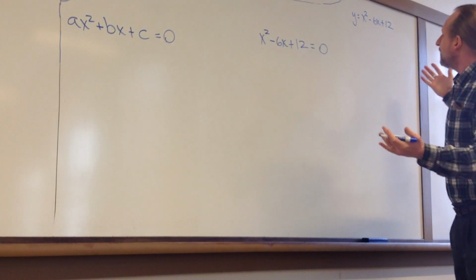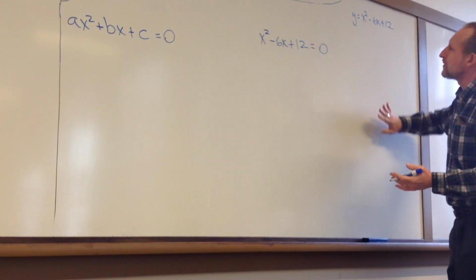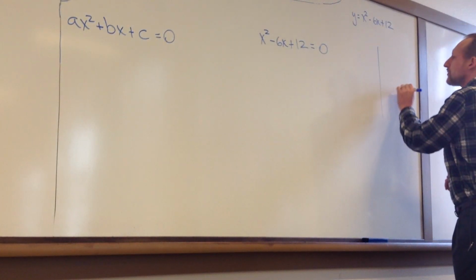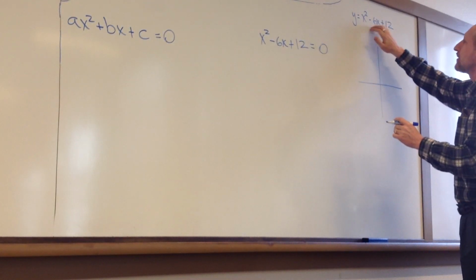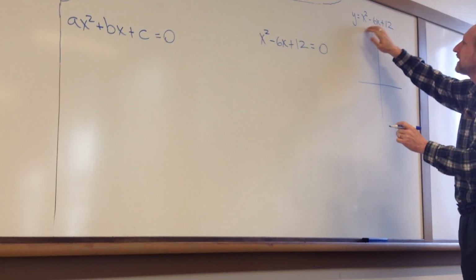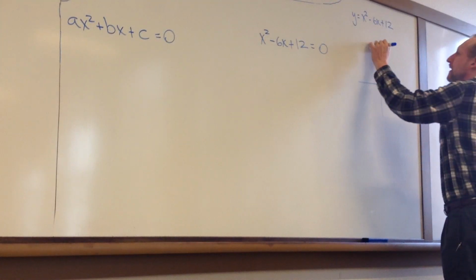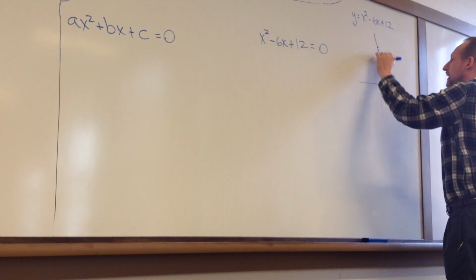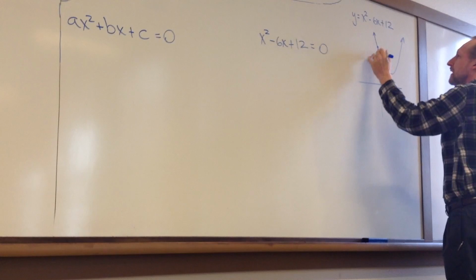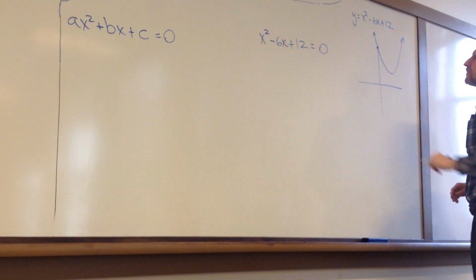Now, the effect that this has, you notice these parabolas are moving up, and so the shift from x squared minus 6x plus 9 to x squared minus 6x plus 12 has the effect of pushing everything up 3 places. And so this graph is going to look something like this. You've got a y-intercept over here of 12.